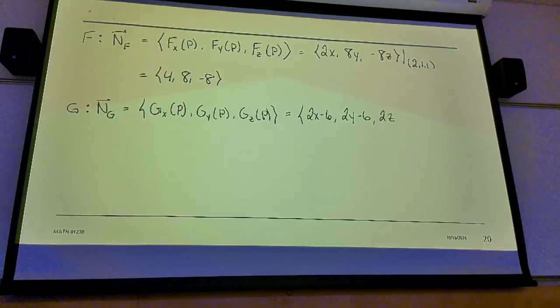And that gets evaluated at the point (2, 1, 1). Which is what? Negative 2, negative 4 and 4.